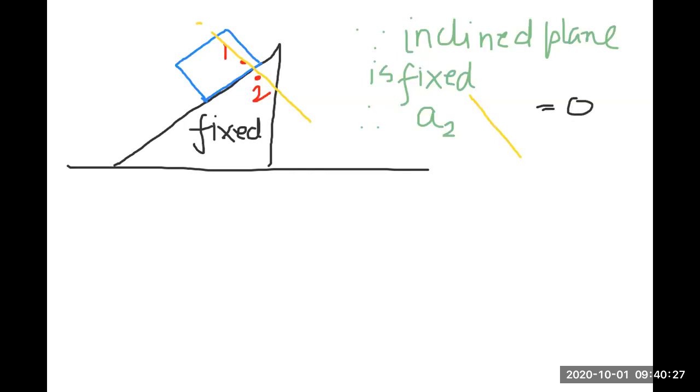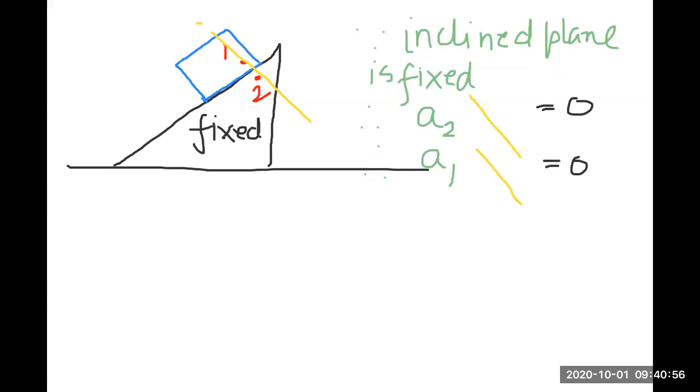This means that the acceleration of point 1 along this yellow direction must also be equal to 0. That means that the block, जिसका constituent पॉइंट 1 है, पॉइंट 1 उस ब्लॉक के ऊपर लाई करता है, अंदर लाई करता है.